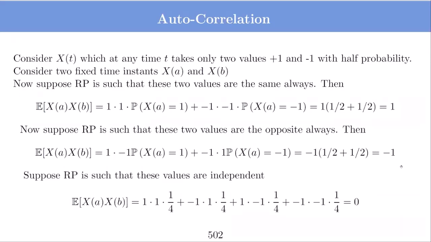Let us see one more example. Suppose the random process is such that these values are independent. In that case, Xa and Xb can both take +1 and -1 independent of each other. So there will be a total of 4 cases possible. One would be (1, 1), another (1, -1), another (-1, 1), and (-1, -1). So what will be the product in those cases?